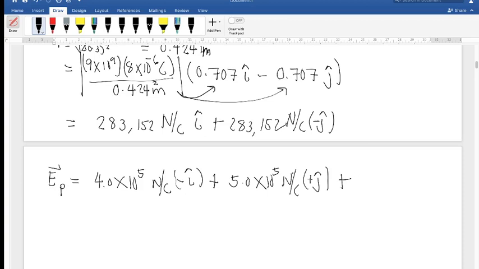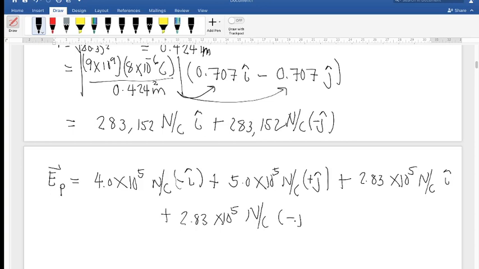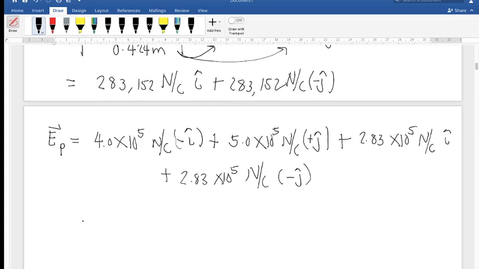So can we put that in scientific form? So that is 2.83 times 10 raised to 5 Newton per coulomb, that is i hat, plus 2.83 times 10 to the 5 Newton per coulomb, negative j hat. Okay? So simplifying, we have here 2.83 times 10 raised to 5.